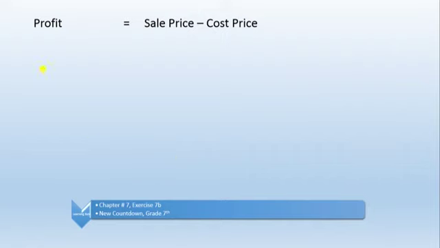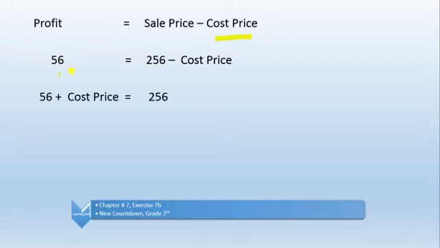To find out the cost price, we will use this formula: profit is equal to sale price minus cost price. Profit is 56 rupees and sale price is 256 rupees minus cost price. Now we will shift 256 from the right hand side to the left hand side, and after shifting it, it will be subtracted from 56. We will shift cost price from the right hand side to the left hand side.